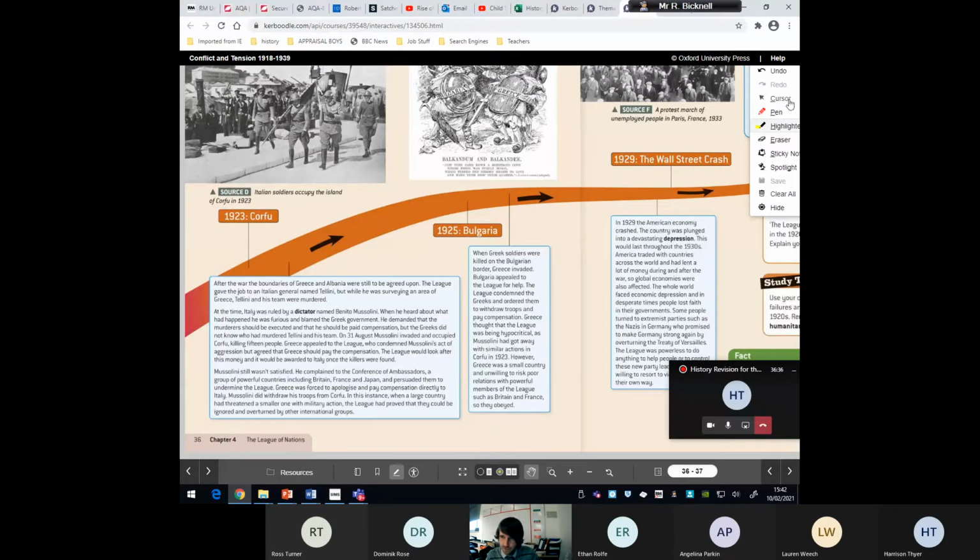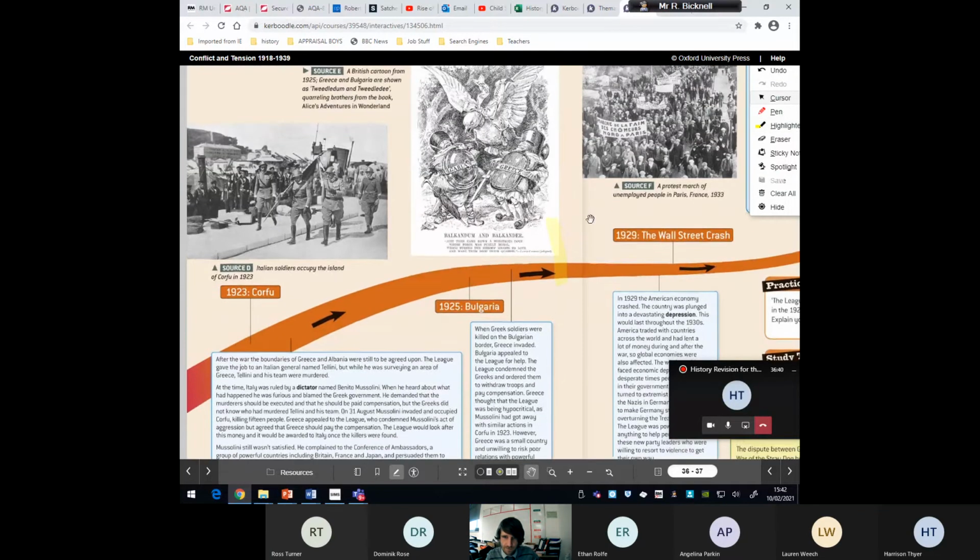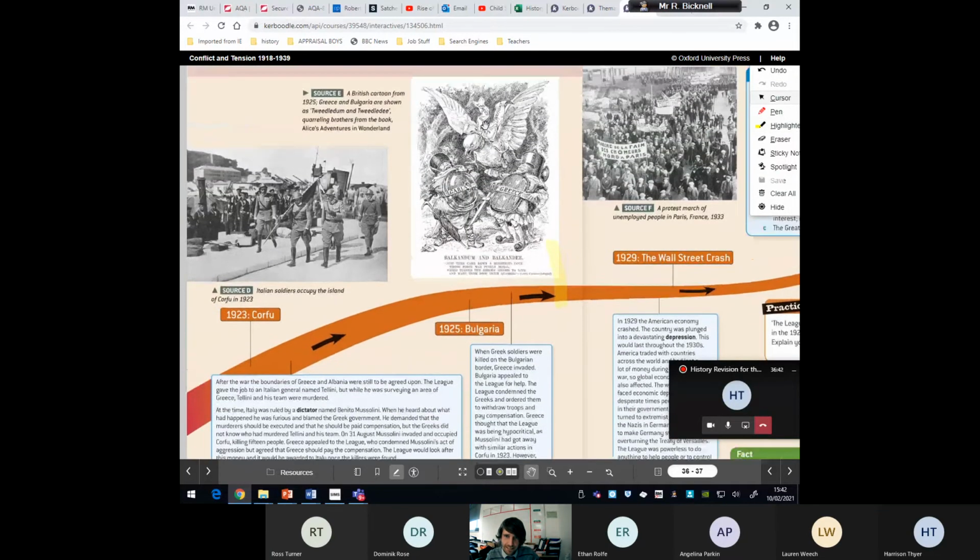I quite like the cartoon above it. Scroll down. There we go. See the League of Nations represented by a dove. It's like a war dove, isn't it? It's like swooping into battle, ready to kill everybody. And who are the two sides arguing? You've got Bulgaria and Greece. It's kind of interesting that Bulgaria is carrying an umbrella. Is that to signify Bulgaria's weakness in comparison to Greece?